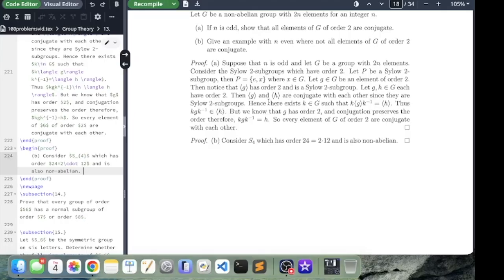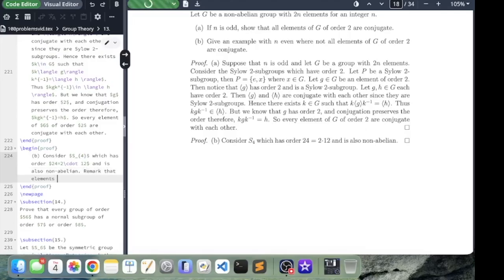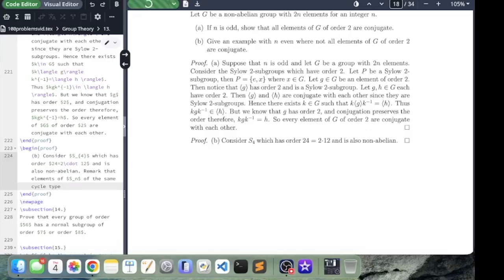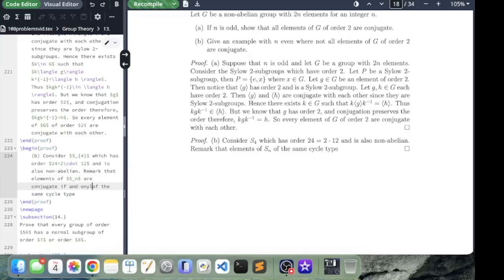So we're first going to remark that elements of S_n are conjugate if and only if they are of the same cycle type.